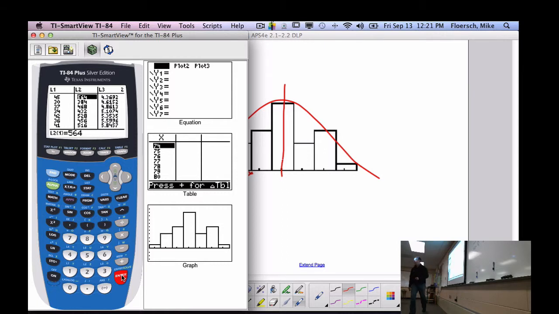What do you have? Yeah, that's stat, edit. So highlight L2. There we go. You gotta highlight the L2. If you put it here, because some people come back down to clear it out, and then they're sitting in this cell, you have to tell it, do it for the whole list and fill it in. Otherwise, it does it just for that cell, and then it comes back and says, I'm not sure what you're asking for, and gives you the error.